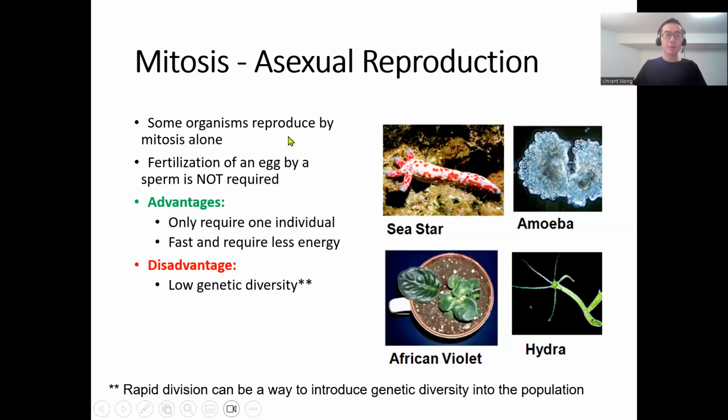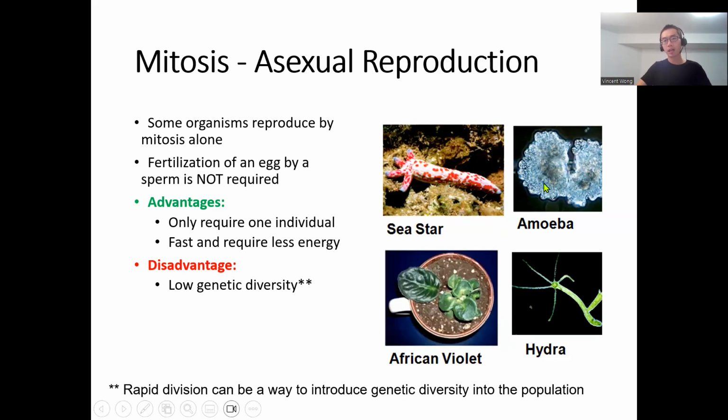So some organisms reproduce by mitosis alone. We have things like the sea star. Did you know if you break off an arm from the sea star, the arm is able to grow into the whole sea star? I think you call it starfish, right? You can break off an arm and then it will grow back, and now you end up with two starfish. That's an example of asexual reproduction.